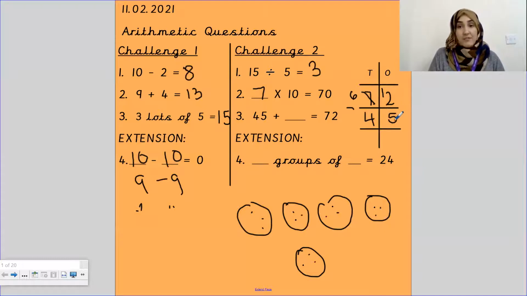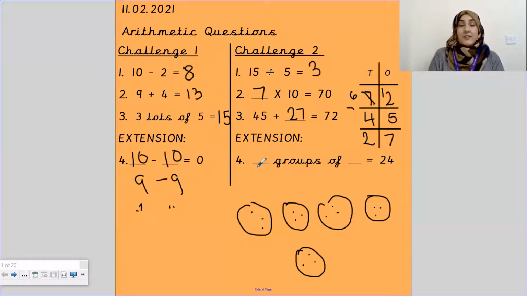Now, I can take 5 away from 12. That gives me the answer 7. 6 take away 4 equals 2. So my answer is 45 add 27 equals 72. And if you're thinking, hang on a minute, I'm not too sure about that, then you can add these two numbers together and see if you get 72.